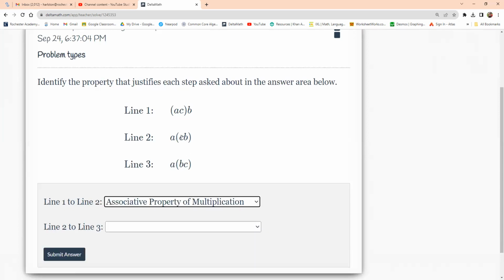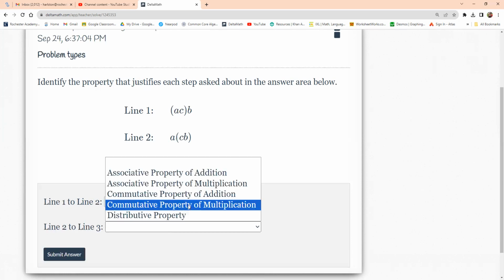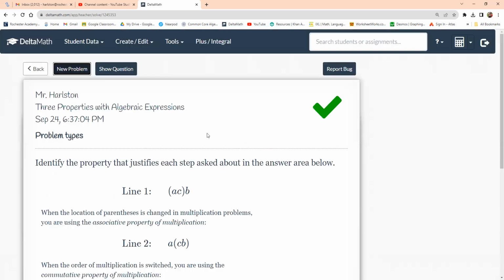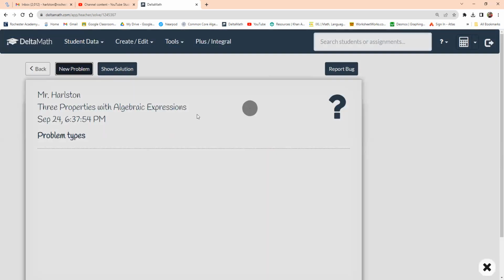And then look what happens inside the parentheses. It was C times B, now it's B times C. All we did was flip the order, so this is the commutative property of multiplication. And that would be our answer. Let's see, is there one more here? I think we'll do one more.